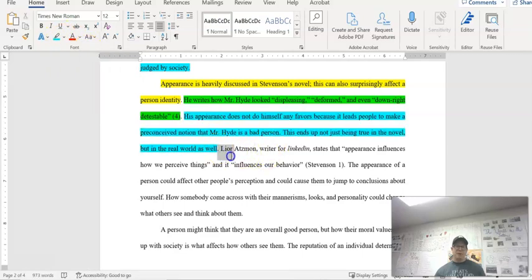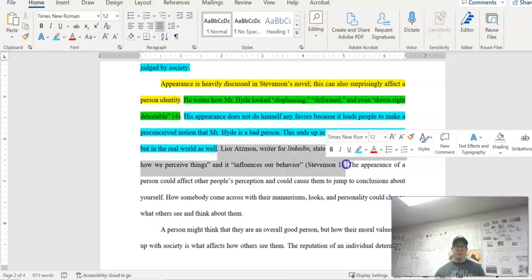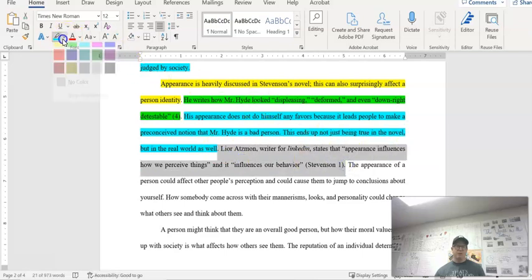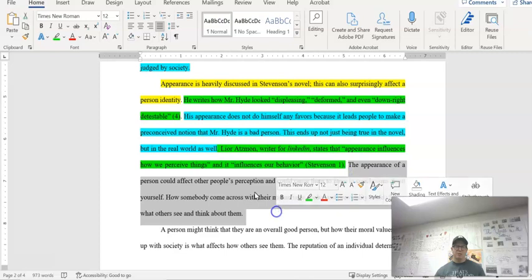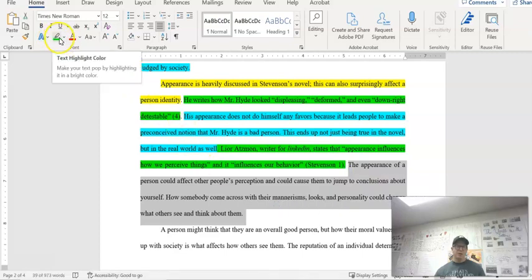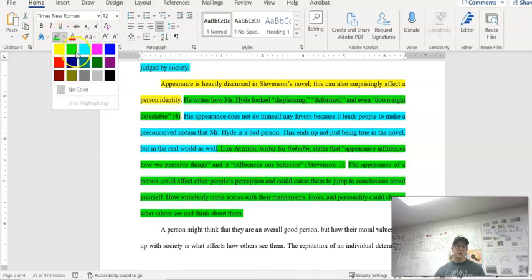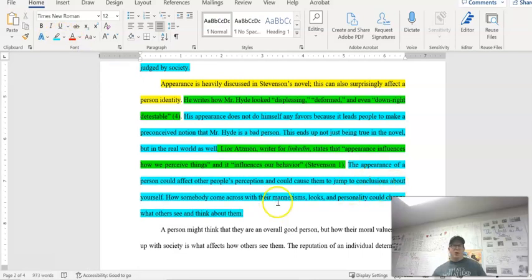This person, okay, here. This is some research. The appearance of a person could affect a person's house. This is explanation, so I give you that. This one has plenty of the right balance in terms of percentages.